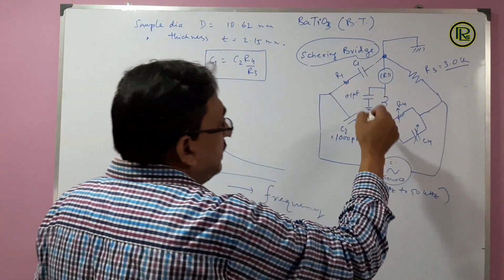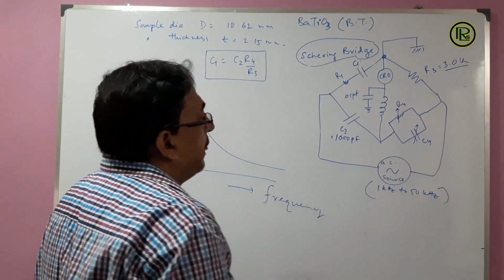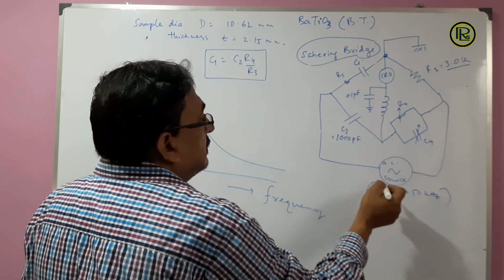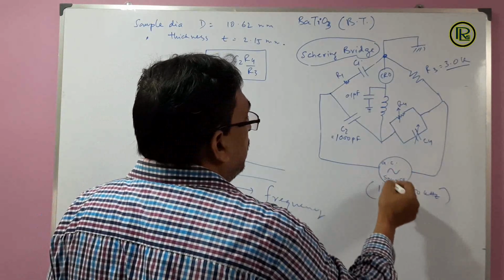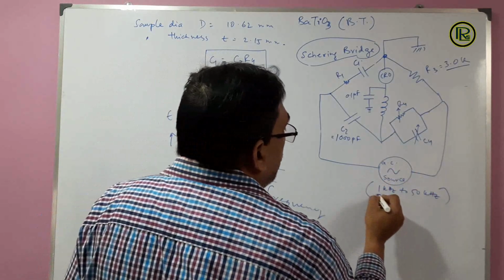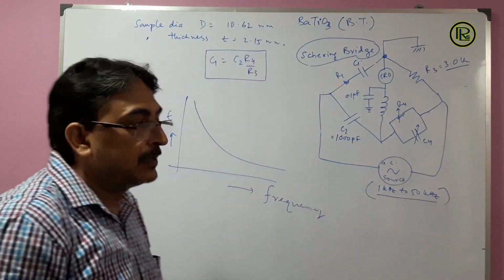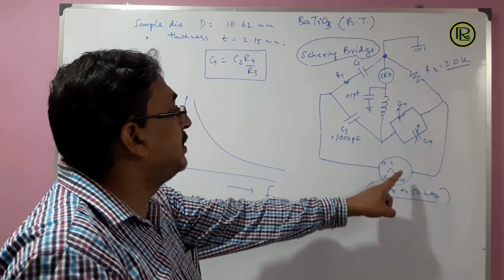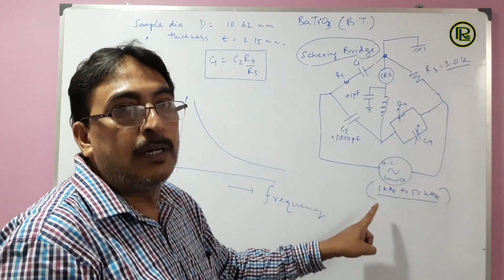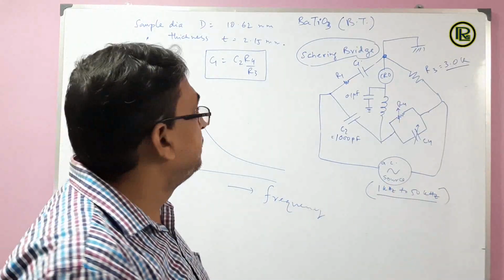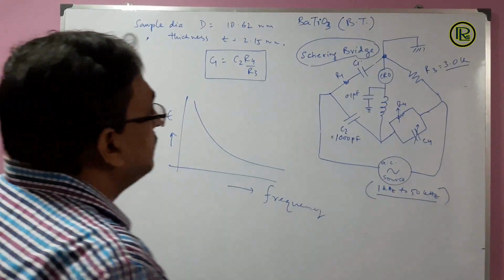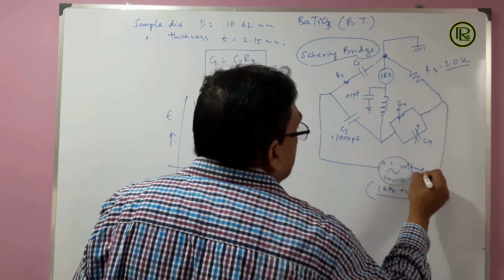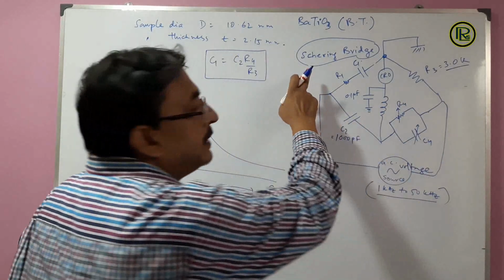The entire bridge is supported by one AC voltage source, whose frequency we can vary from 1 kHz to 50 kHz.